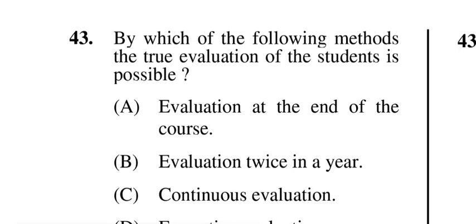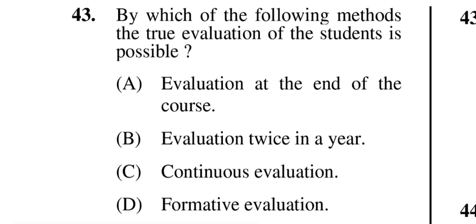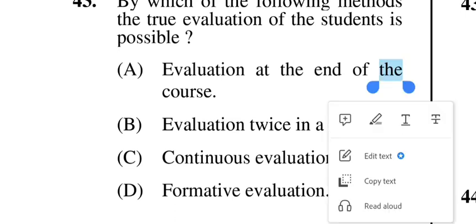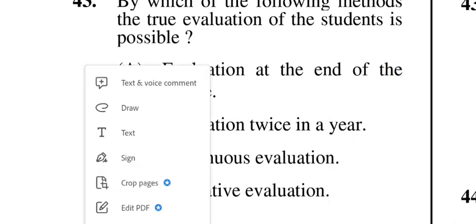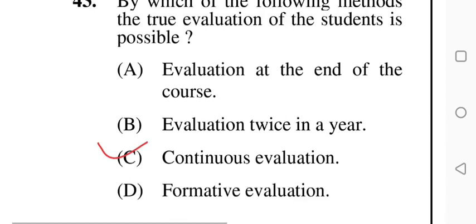So the correct answer will be number C. Continuous evaluation is the way through which you can do justice to a student's performance or evaluation. Continuous evaluation is a must. Number C is the correct answer.